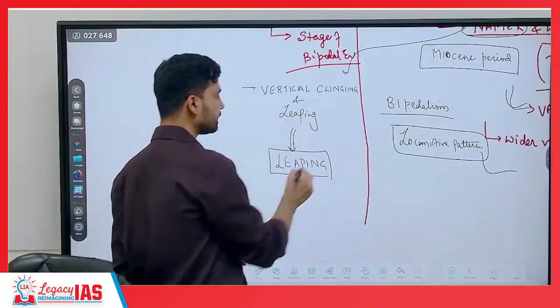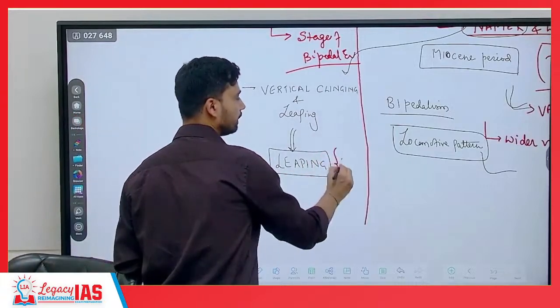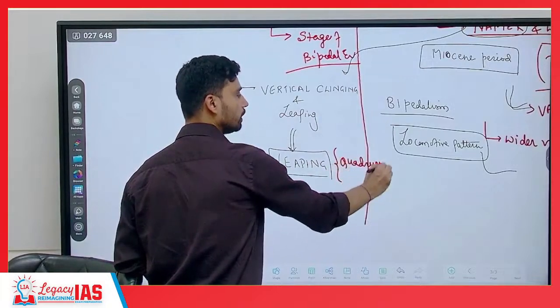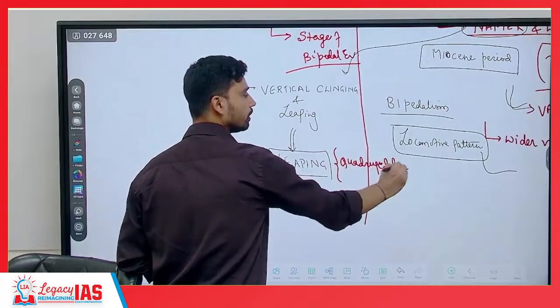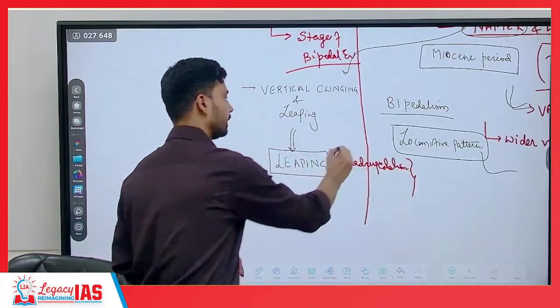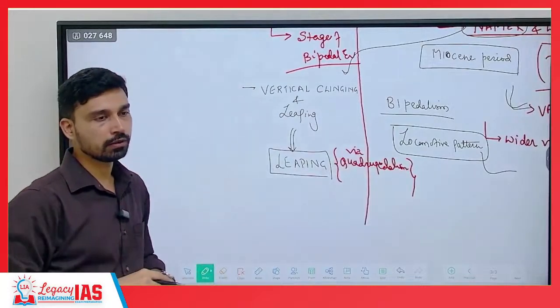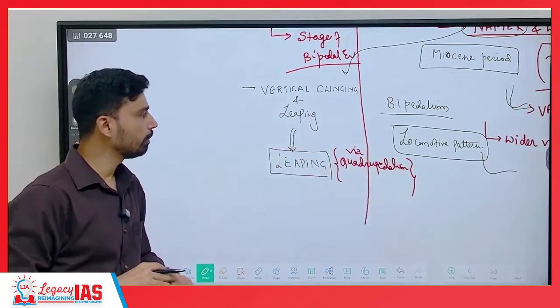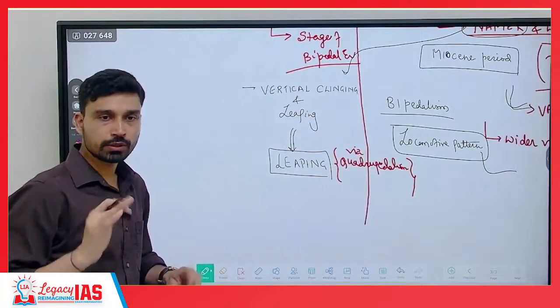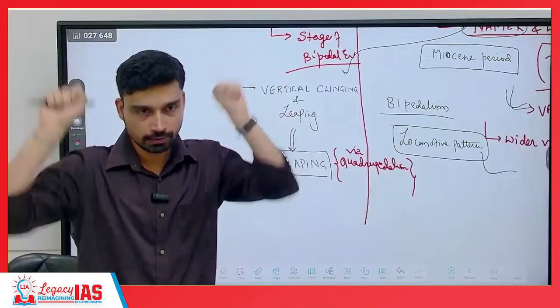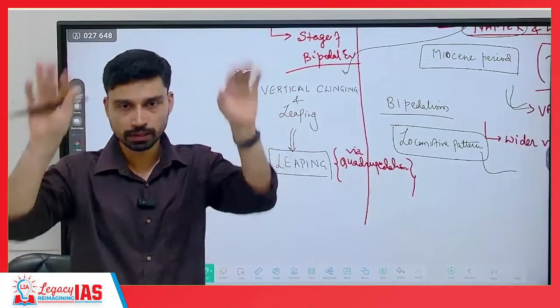And this leaping, he said, is happening using all the four limbs. So this leaping is via quadrupedalism. Initially, in the earlier case, only two limbs were being used. Two limbs used for hanging, they are jumping, again catching, again jumping, again catching.